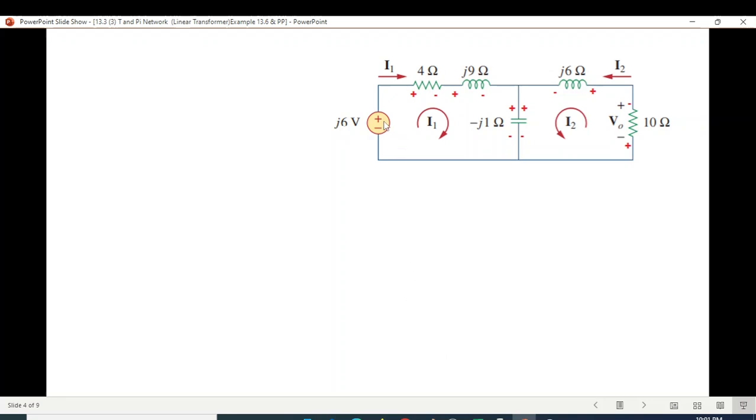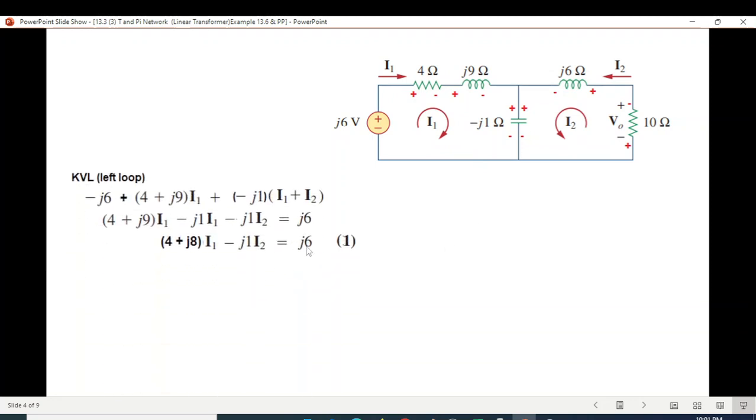And now we just mark the polarities depending on the current direction, so we can easily write the KVL equation. So left loop, we start KVL equation from this corner, and we go like this. I'm sure you know how to write the KVL equation. Minus 6 from here, then I1 times 4 plus J9 I1.